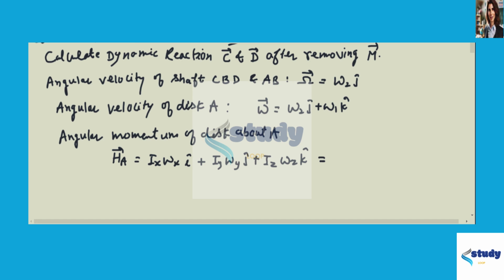It can be written as I y omega 2 j cap plus I z omega 1 k cap. Say equation 1.